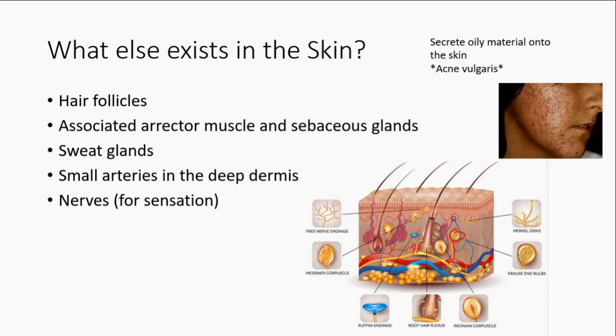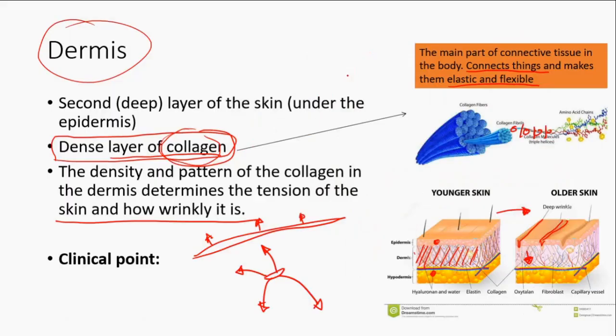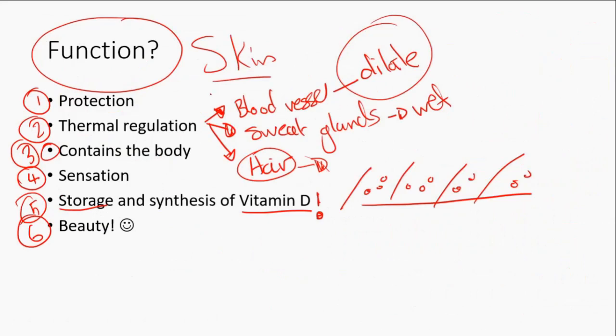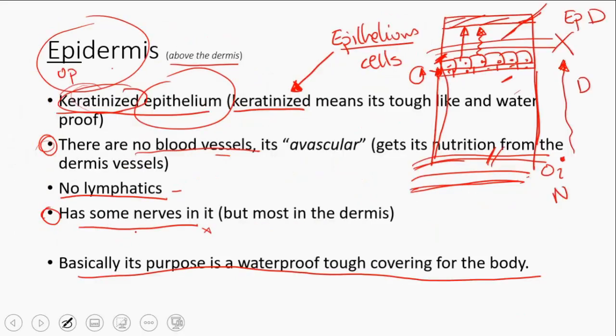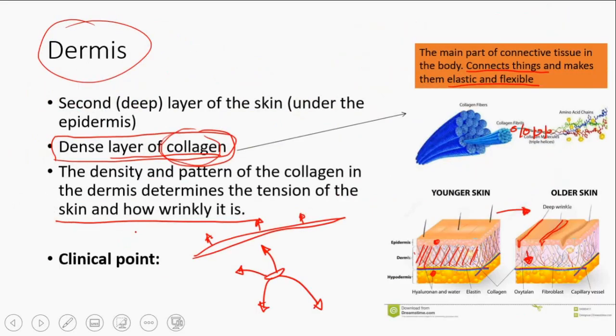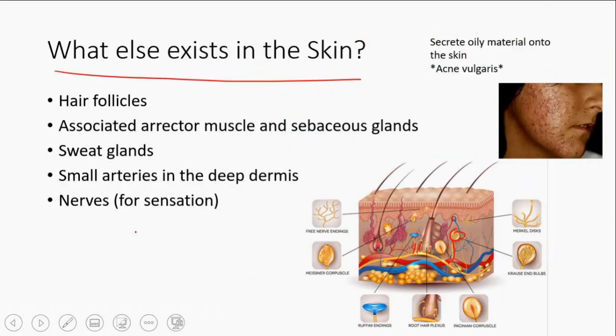Now let's look at what other things are in the skin, because remember we went back here and said there are so many different functions, like protection, thermoregulation, containing the body, sensation, vitamin D, beauty. There are a lot of functions of the skin, which means there are probably other structures embedded in the skin, and those are the appendages.